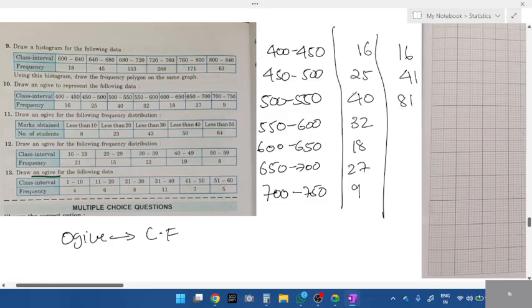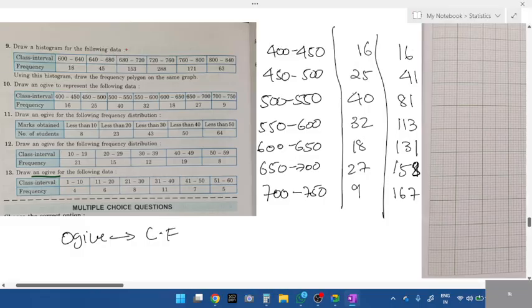Next. Very good. 131, 158, 160. Is it correct? 16, 41, 81, 110, 113, 113 plus 12, 131, 158. Good. 158 and 167.